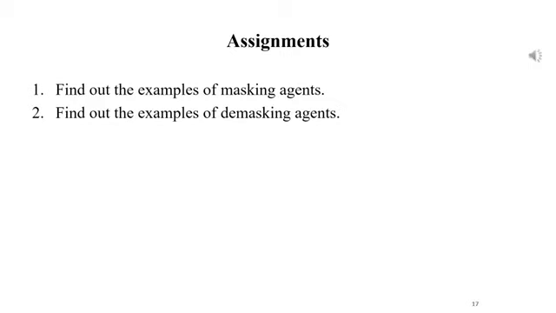We discussed four types, and then we discussed masking and demasking agents, and how we can calculate individual concentrations if we are using masking and demasking agents. And the last is the application of complexometric titrations.